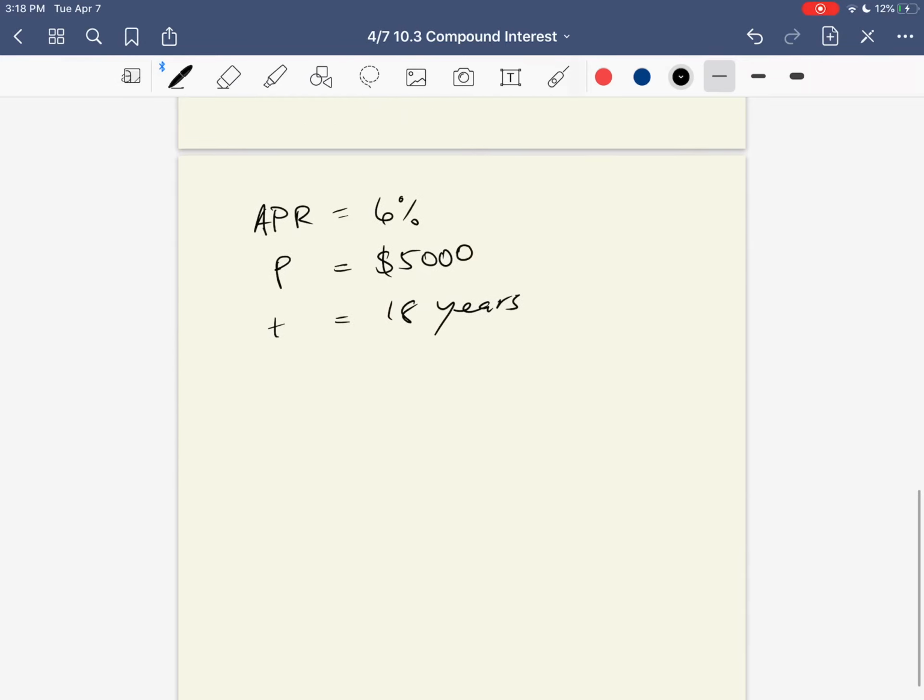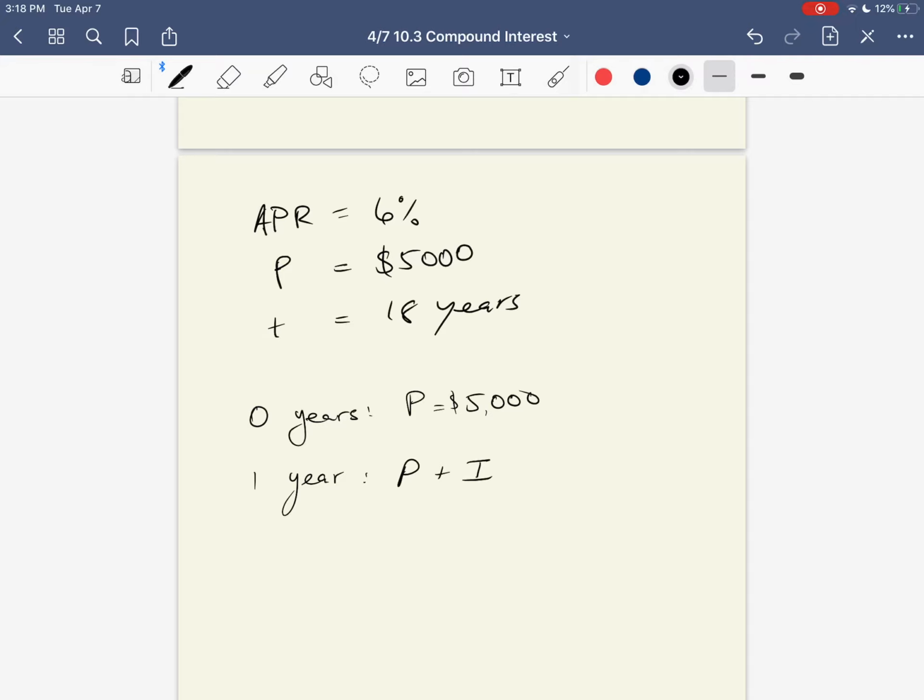So let's say that at 0 years, when you're born, we have the principal, which is $5,000. Okay, so after 1 year, how much is going to be in the account? Well, you're going to have the principal plus the interest, which is accumulated on that.